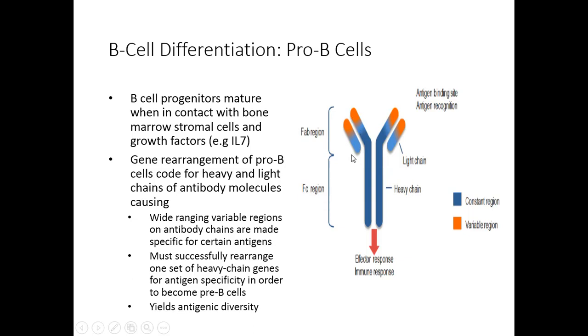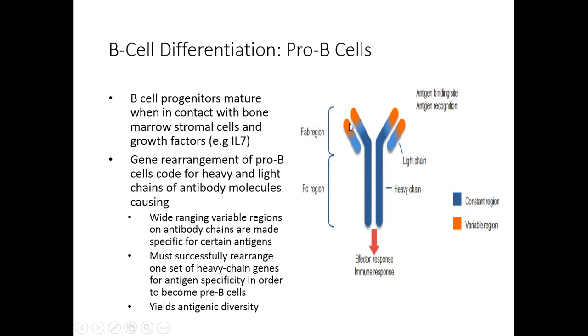The other important piece of this structure is right here. This is called the variable region. And much like the T cell, when we talked about it last week, about that genetic rearrangement of T cells during their development, and how we have those different versions of gene rearrangement in order to create antigenic diversity, the ability of structures formed within the cells to be in different formats and to recognize diverse antigens, that's what this variable region is.